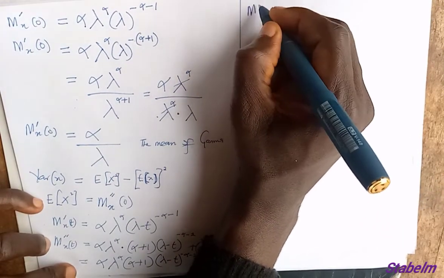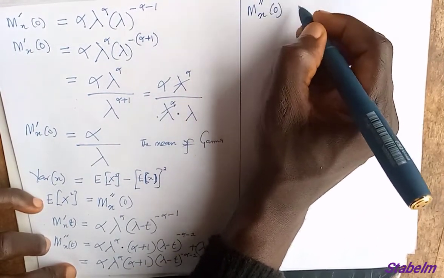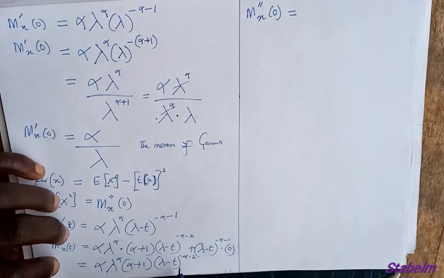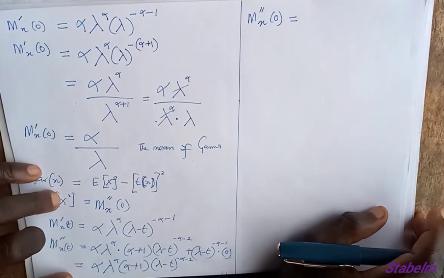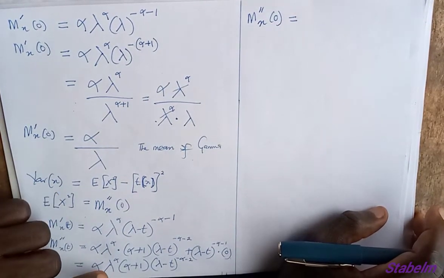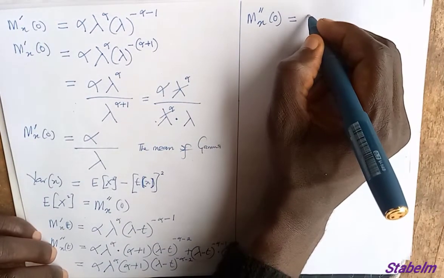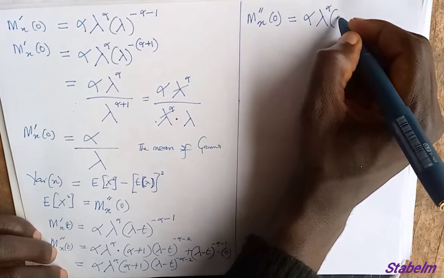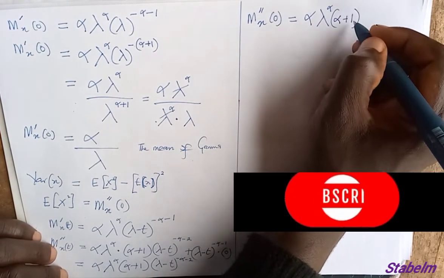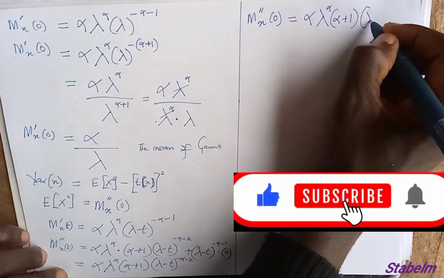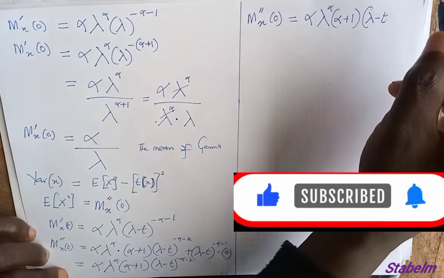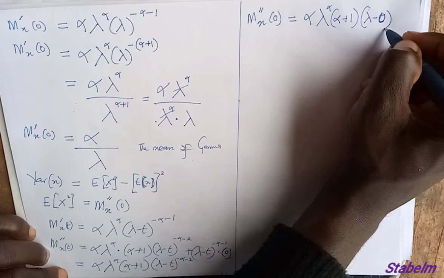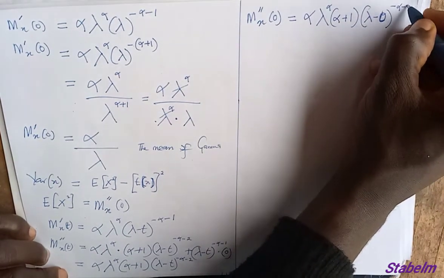So we say M double prime X of 0 now will be equal to, anywhere we find t here, we're going to substitute it with 0. And what do we have? We have alpha lambda raised to power alpha into bracket alpha plus 1 into bracket lambda minus t, and we should not forget that our t equals 0, so this is going to be minus 0 bracket close, then we have minus alpha minus 2.